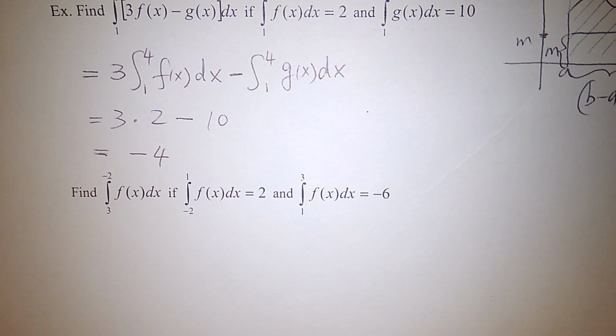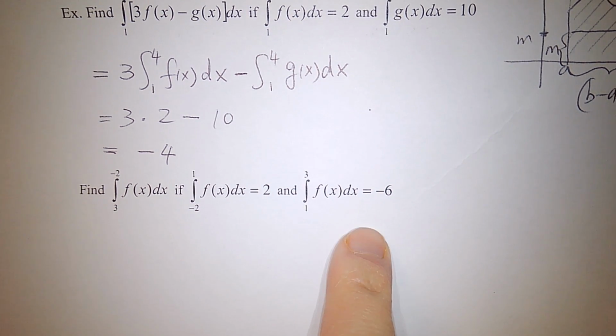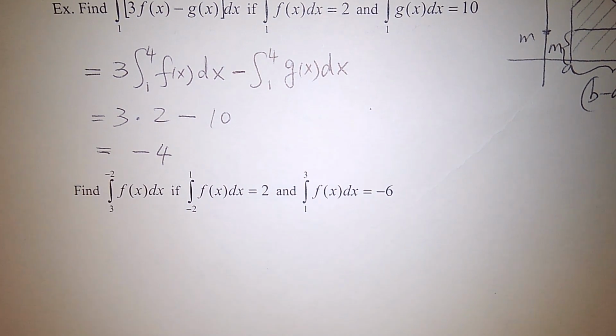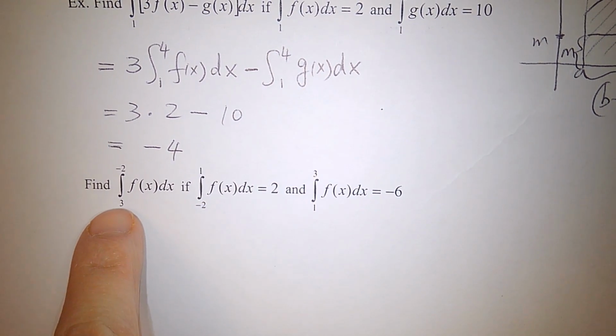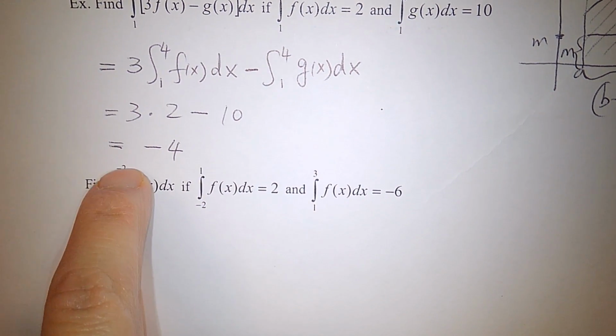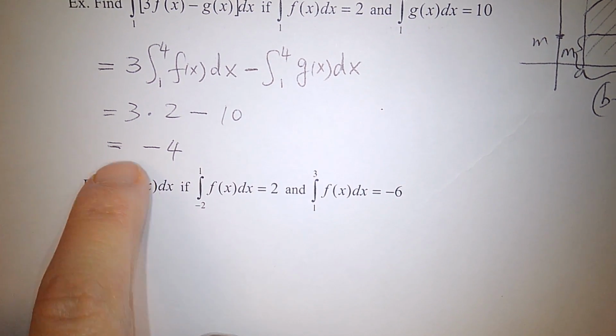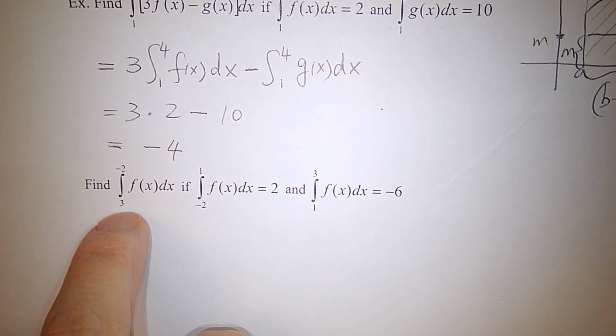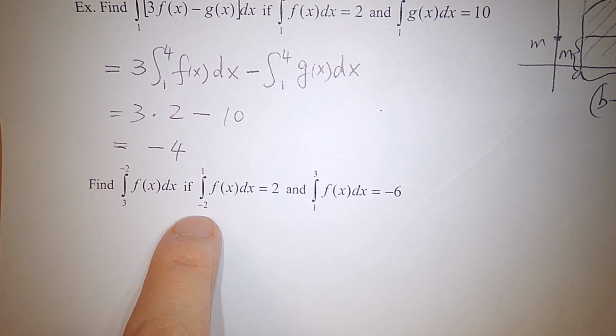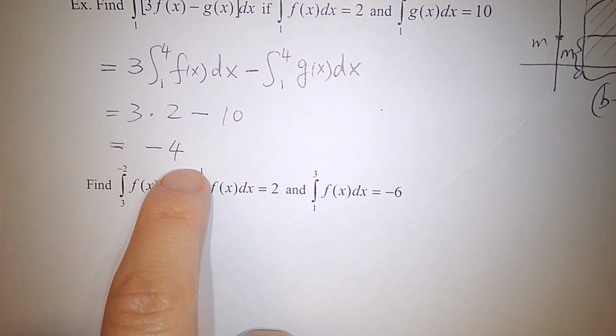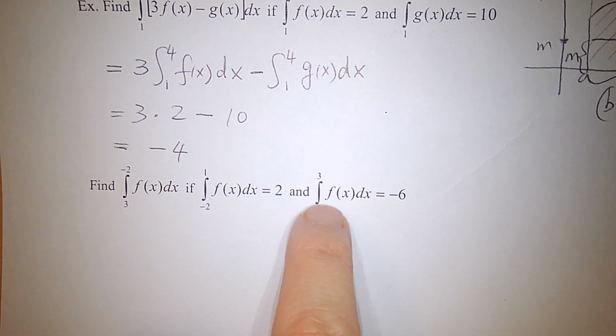Very good. Thank you so much. In this entire question, there's no g. There's only one function f. However, the limits keep on changing. We want to figure out from 3 to negative 2. The given ones are from negative 2 to 1 and 1 to 3.